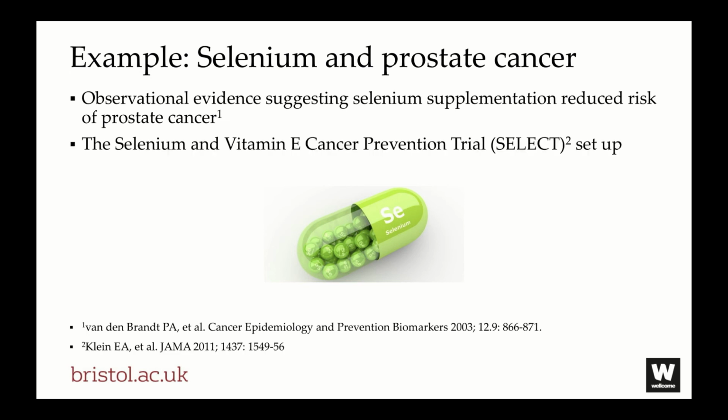And that then spurred the idea of generating a randomized control trial to test causality in this relationship. So this led to the initiation of the Selenium and Vitamin E Cancer Prevention Trial, or SELECT. It was set up, I think, for 12 years, and the idea was to test whether people taking selenium supplementation or non-selenium supplementation had any differences in prostate cancer risk.